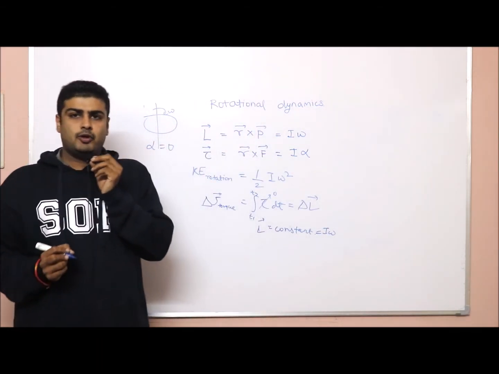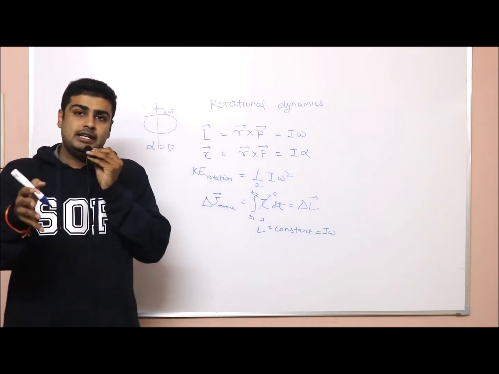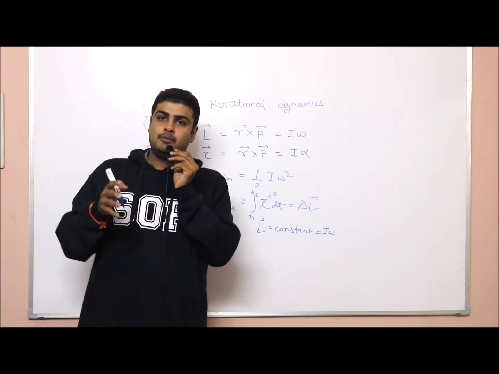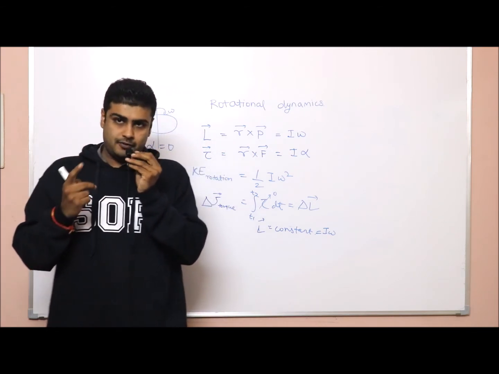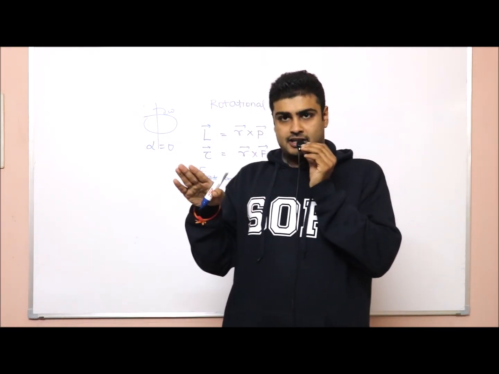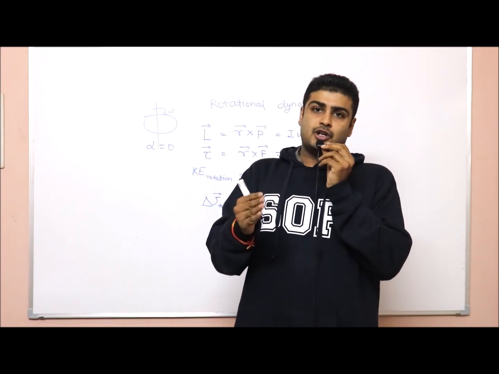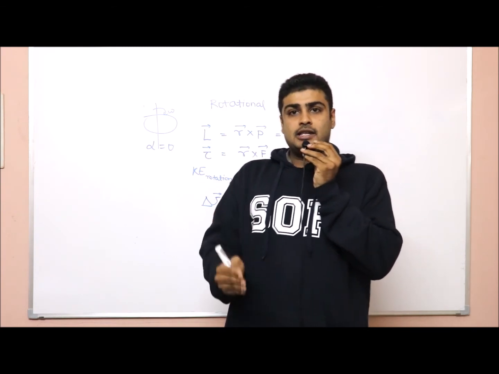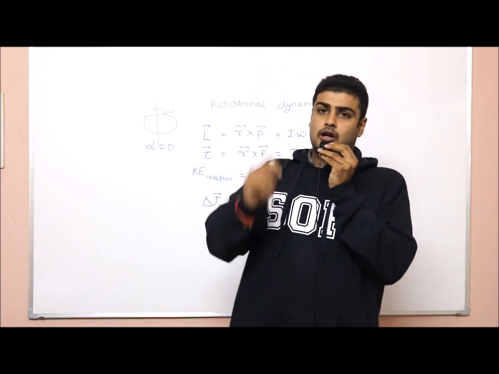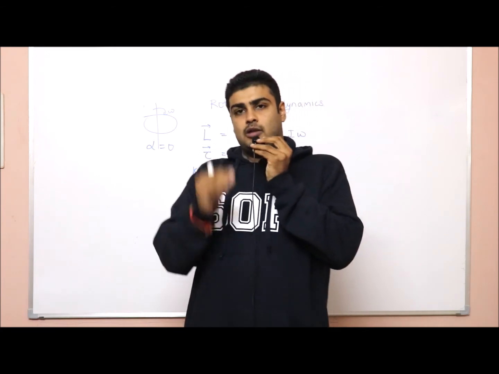Now the next thing that I am going to teach you is equilibrium, where you will get very easy questions. In questions of equilibrium, we just have to apply two things. Number one is that the net force in all directions for a body in equilibrium is 0. We have done that a lot in Newton's laws of motion. Number two is that the torque about an axis passing through any point of the body will be equal to 0.